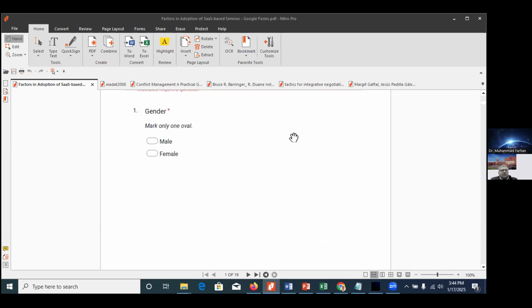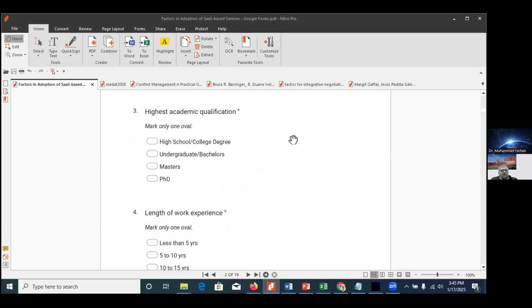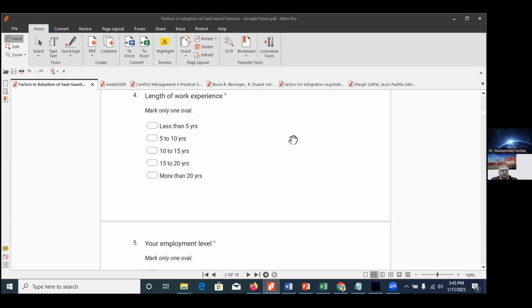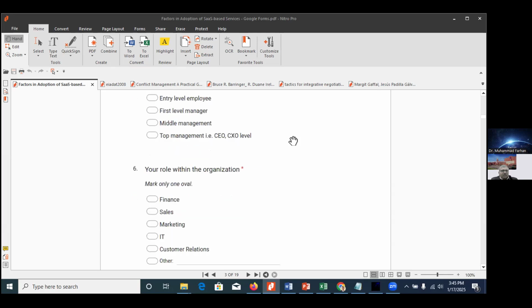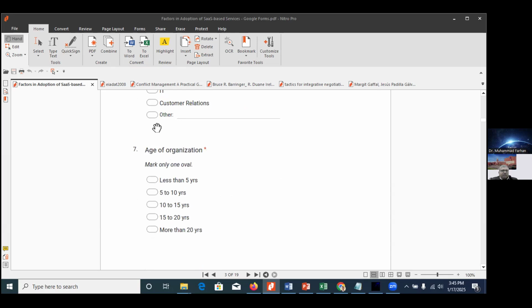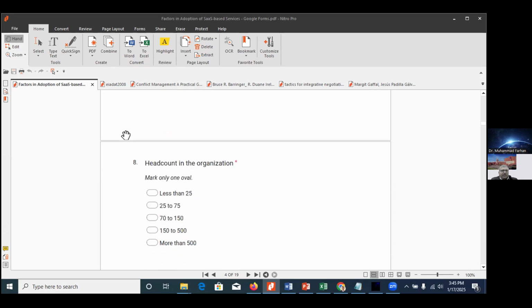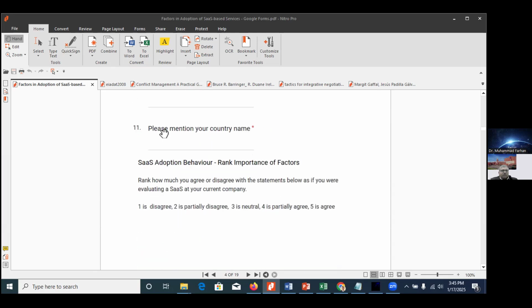You can see a questionnaire with the demographic information that we collected. It's about gender, age, qualification, length of work experience, your employment level, your role within the organization, some variables asking about the age of the organization itself, headcount, the primary sector, your city name.